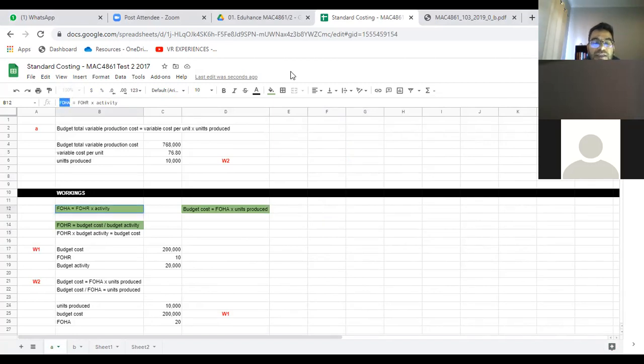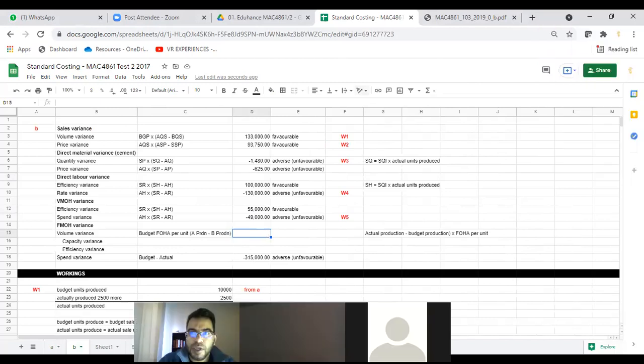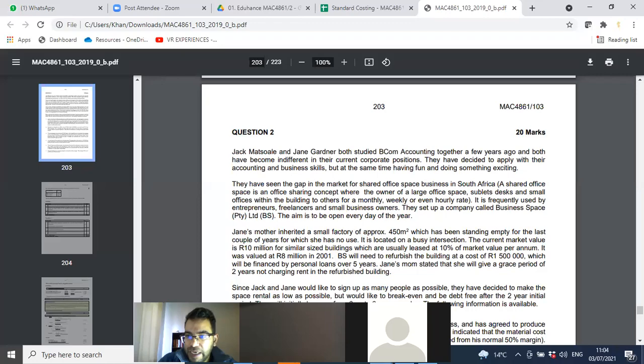Very important: distinguish between fixed overhead rate and fixed overhead applied. Very, very important. So for the fixed overhead applied, if you go to the scenario, I'm going to switch my screen for you quickly.